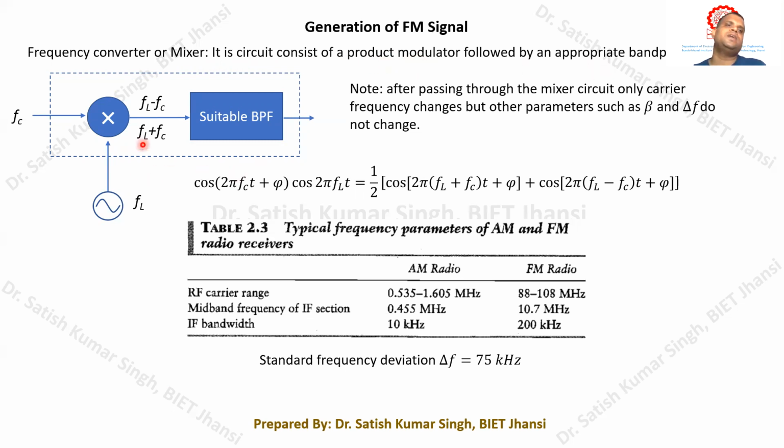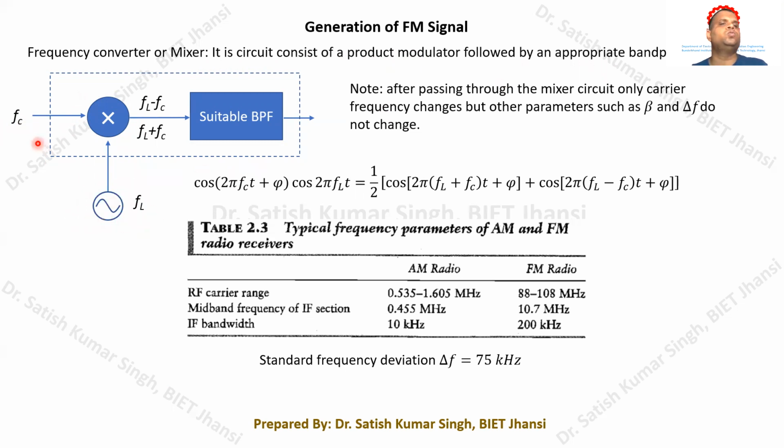We have a product modulator with two input signals, two cosine functions. The first cosine function has frequency fc, and the second is a local carrier with frequency fL.